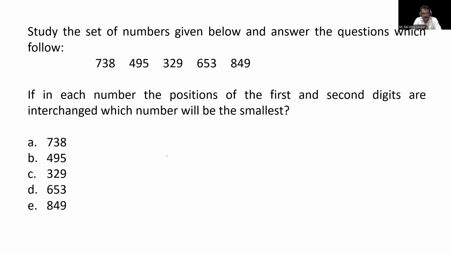If in each number, the positions of the first and second digits are interchanged, which number is the smallest? Numbers are 738, 495, 329, 653, 849. Okay, the first and second digits interchange.